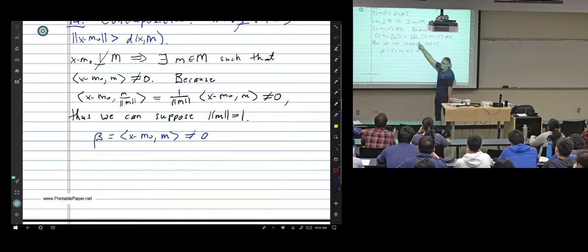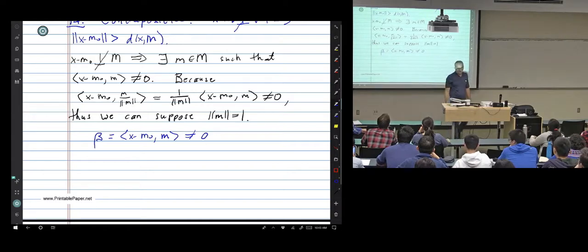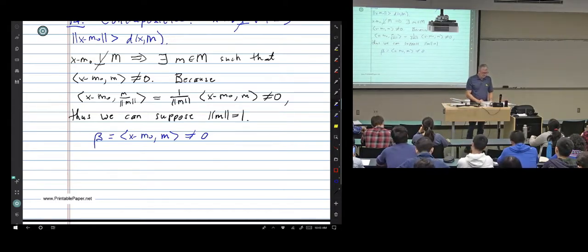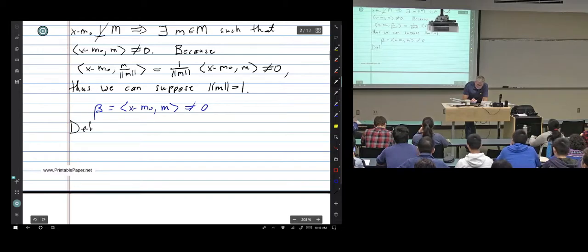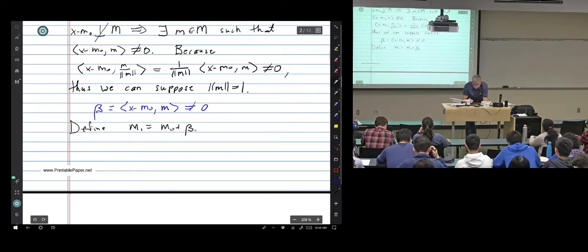Because M is a subspace, if m is in there, minus m is in there as well. But it's just not going to matter that much. Okay. So now I'm going to define a new point, m1 equals m0 plus beta times m.